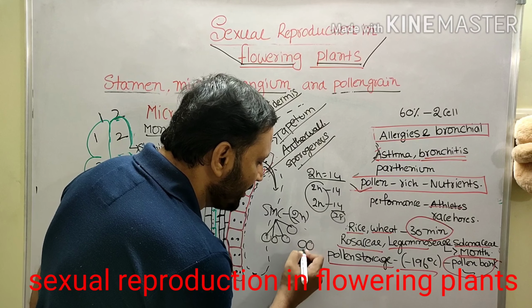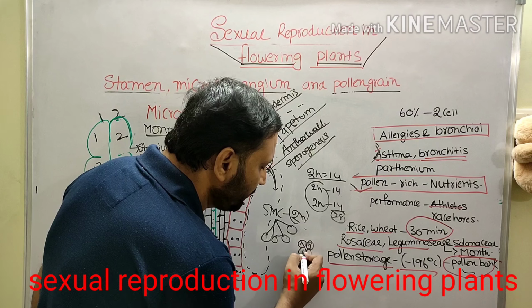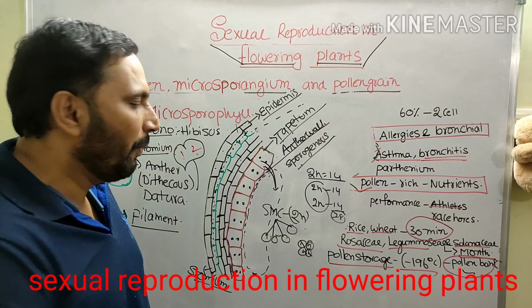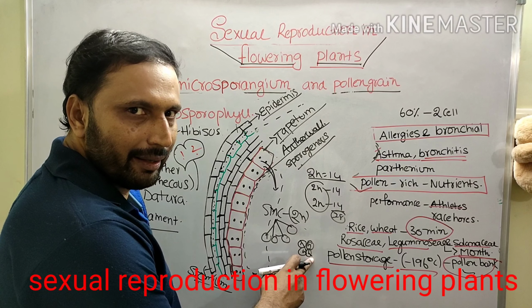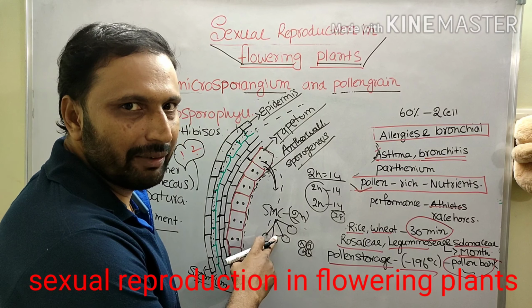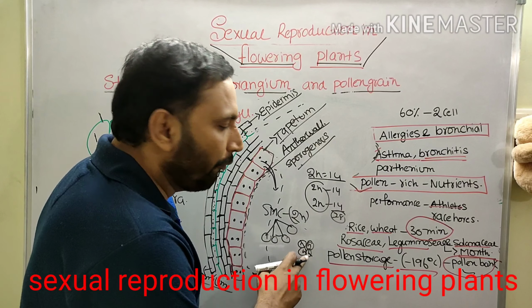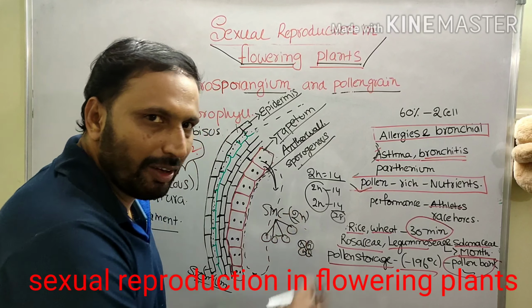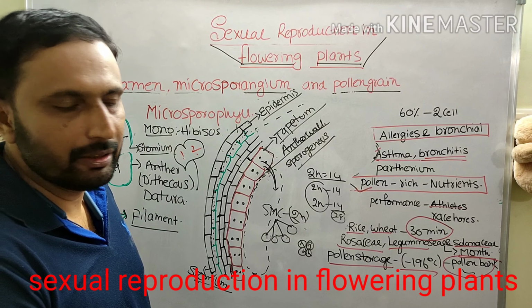It means a tetrad is formed, haploid. That is called microspore. These haploid microspores are formed by meiotic division. Spore is the first cell of the gametophytic generation.